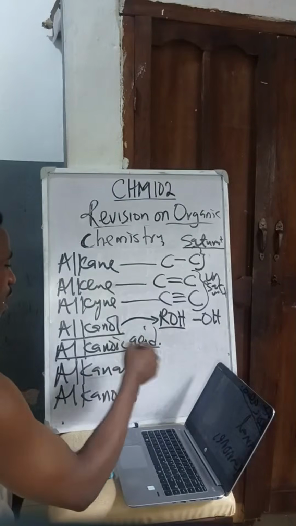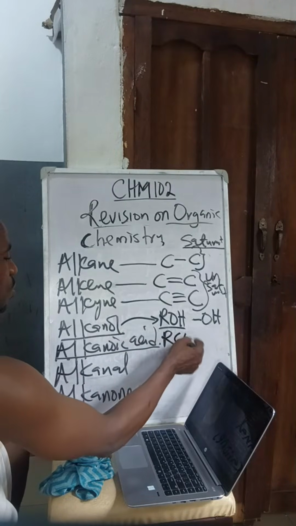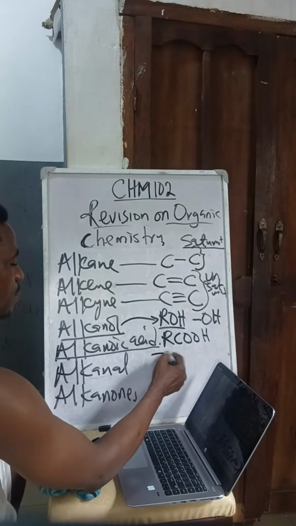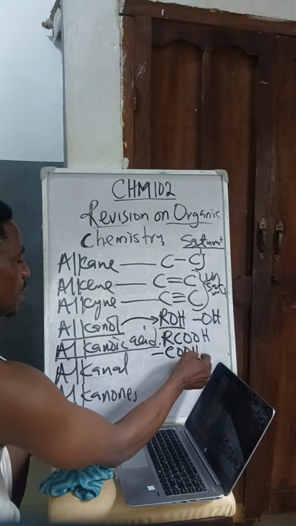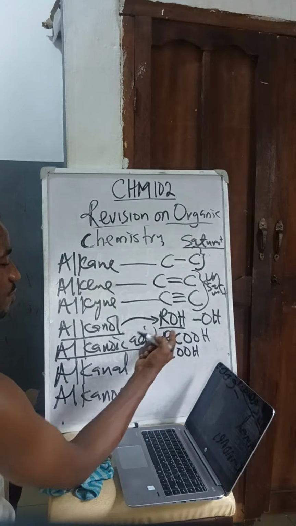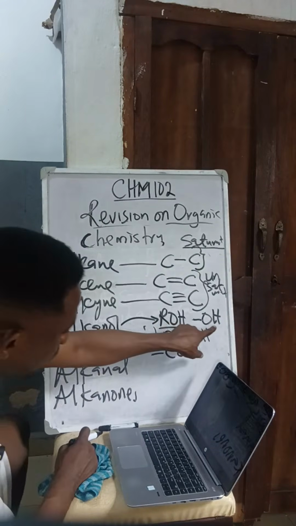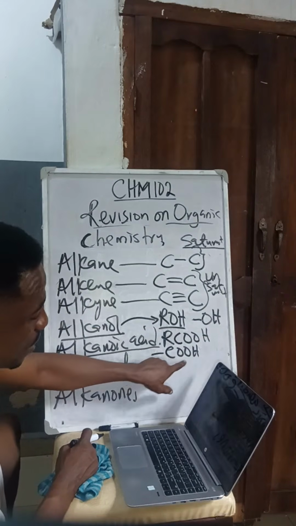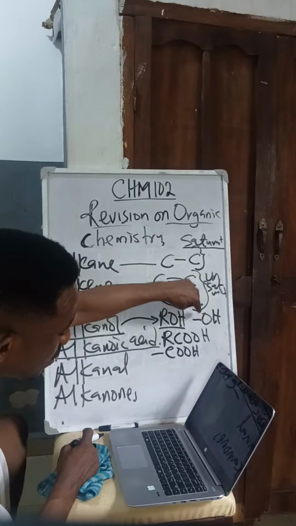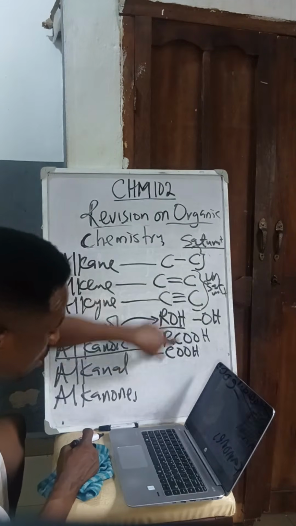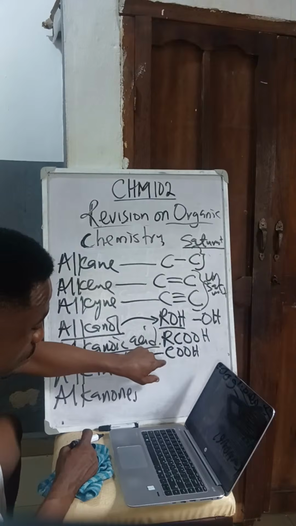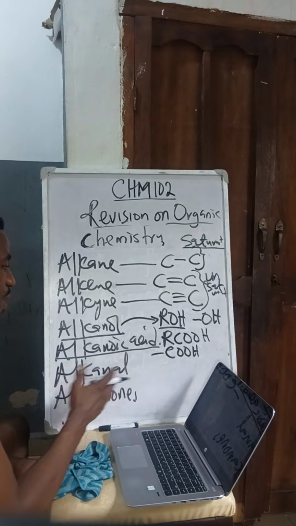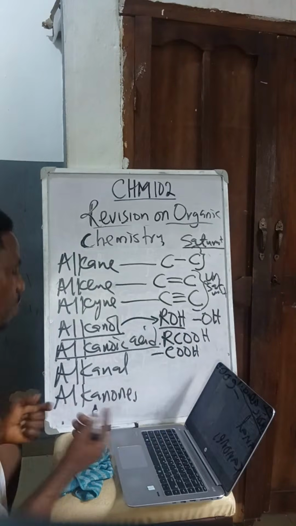For alkanoic acid, RCOOH is the molecular formula. Then COOH, carboxylic acid, is the functional group. This is the hydroxyl group. This is carboxylic acid. This is called functional group. So that you do not come here telling me they say which one is the functional group.